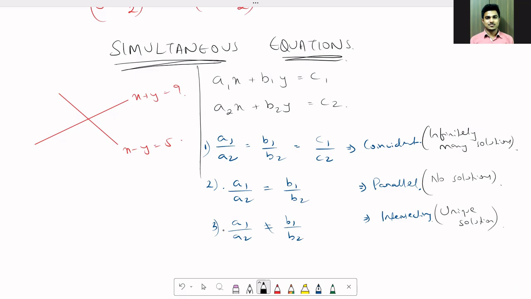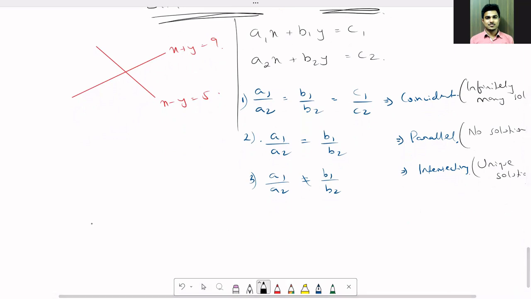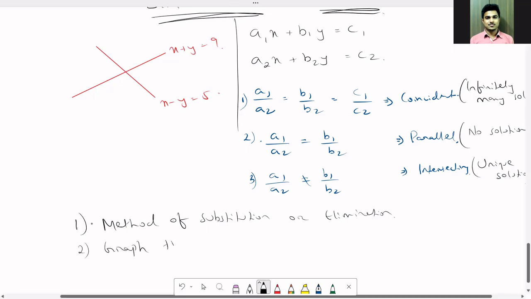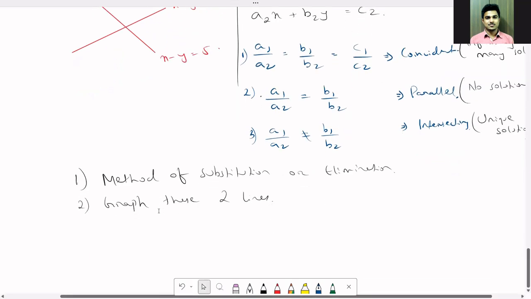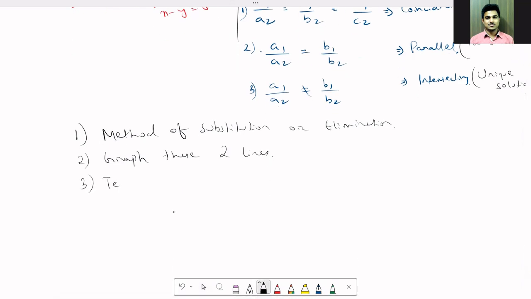Okay, so what different techniques do we have at our disposal to solve these two equations? We have the method of substitution or elimination, or you can simply graph these two lines using your graph paper or maybe using technology, that is your graphic calculator.